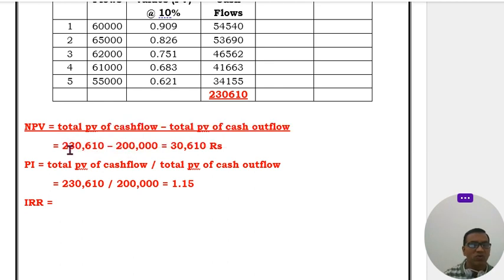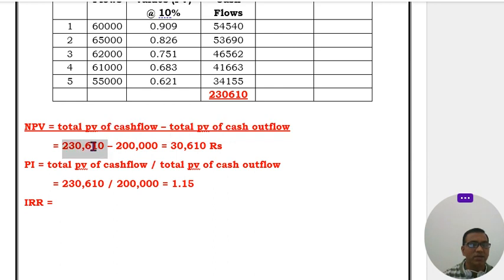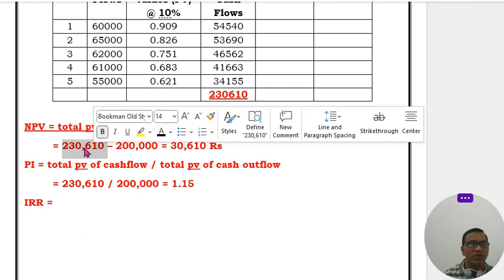If this total PV of cash inflow should be decreased, you have to try another rate of return, a high rate of return. If you have to decrease the value, you have to try a high rate of return. If you want to increase the value, you have to try a low rate of return.